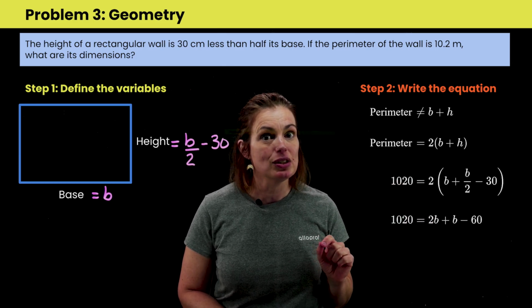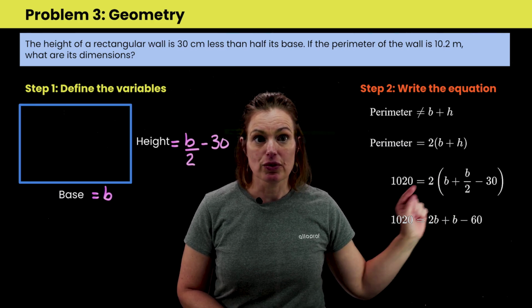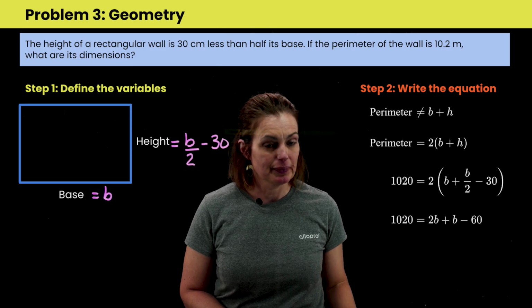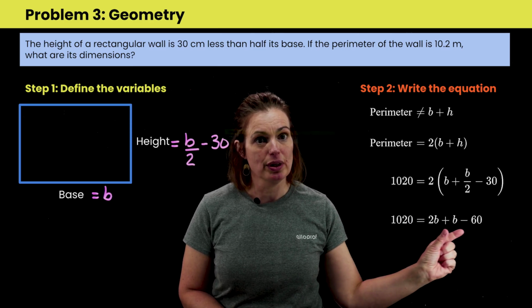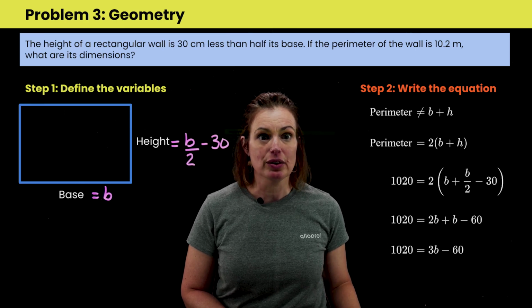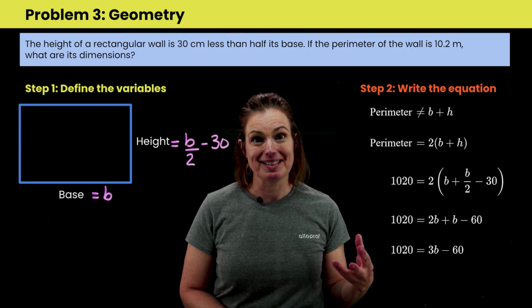So it's a little easier to deal with. Then I have 2 and I multiply that by the negative 30 here to give me negative 60 in my problem. I can simplify it once more to collect these like terms here. So my b's are going to add together to give me 1020 is equal to 3b minus 60.